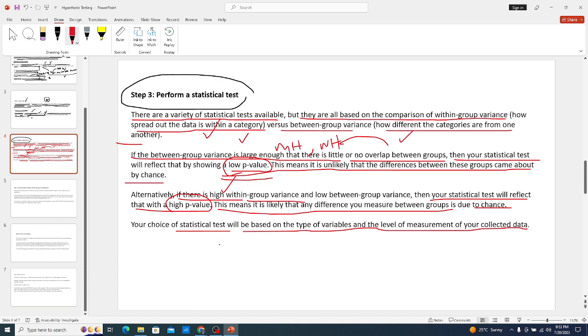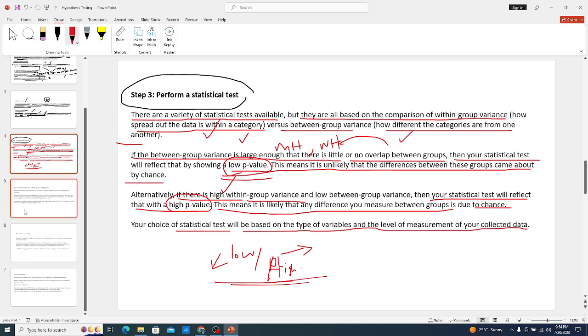So here, if your p-value is low or your p-value is high, what happens? How do we infer this? How do we categorize our hypothesis test? Do we either accept it or reject it?